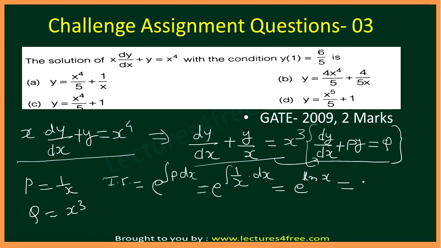So the integrating factor is e to the power log at the base e of x; this e and this log cancel, and you get x, because ln means log at the base e. So e to the power log at the base e of x will be x. So you got the integrating factor.